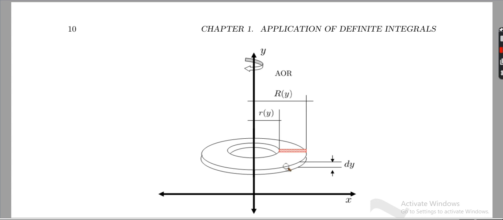Okay, so the thickness of your disc, your washer, is delta y, since we are using horizontal strip. So all the variables that we will be using must be expressed in terms of y.